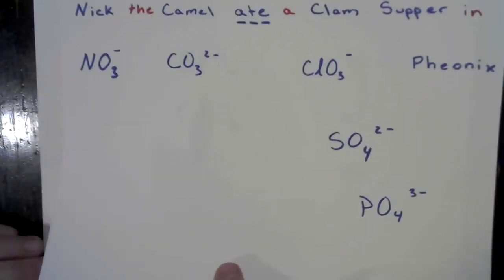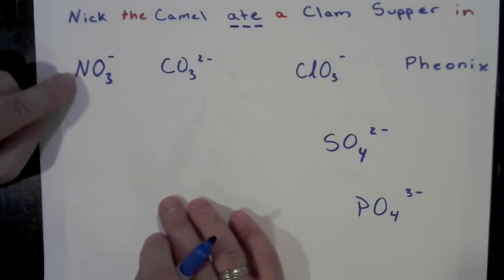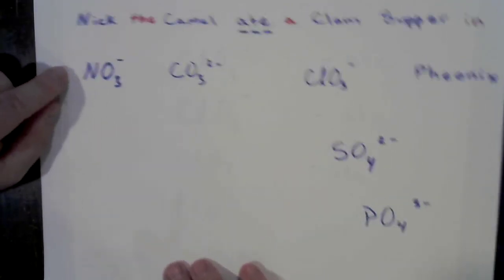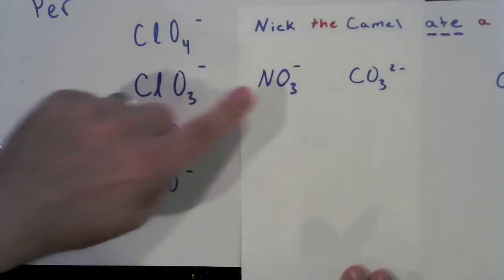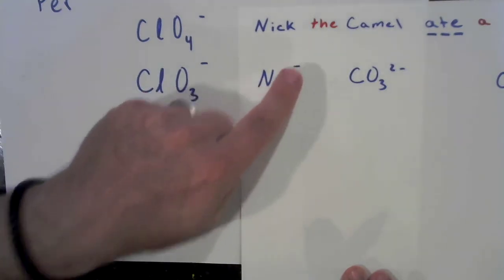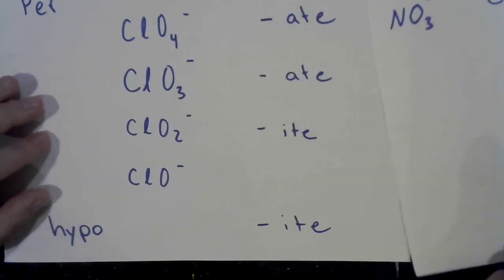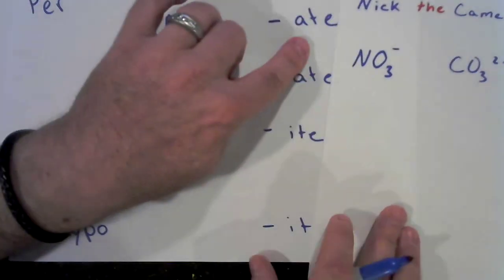This pattern will hold. Unfortunately, you don't always have the full series. So for example, if I was inclined to take nitrate that's right here and add an oxygen and say NO4 minus, it just so happens there is no such thing as a pernitrate ion.